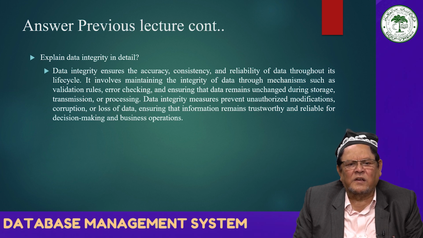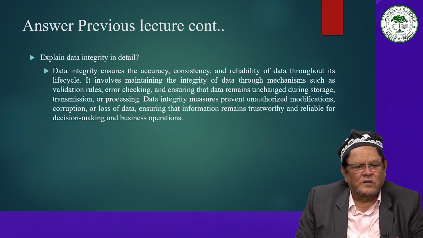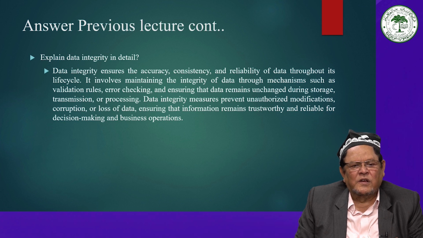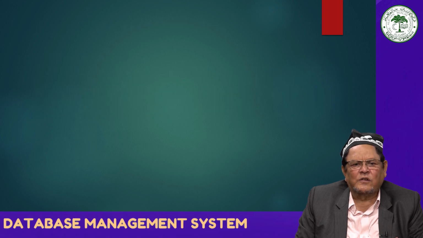It involves maintaining the integrity of data through mechanisms such as validation rules, error checking, and ensuring that data remains unchanged during storage, transmission, or processing. Data integrity measures prevent unauthorized modifications, corruption, or loss of data, ensuring that information remains trustworthy and reliable for decision making and business operations.